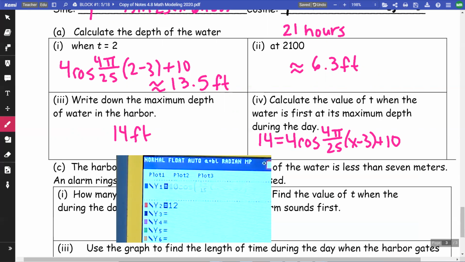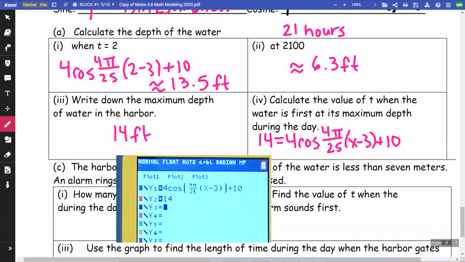This is now going to be 4 cosine, and this is going to be a 4 pi over 25. This is going to be an x minus 3. And then it is a plus 10. And then we want to know when it is 14.